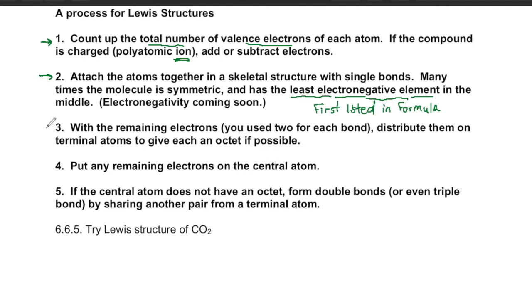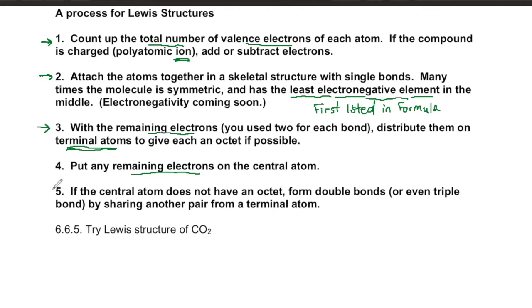These single bonds take up some electrons, but once you've connected it, you might have some other electrons that you haven't used yet. And so then you're going to put those on the terminal atoms, the atoms that are on the edge rather than the central one. You'll put those first. If you have any left over, those will go on the central atom.